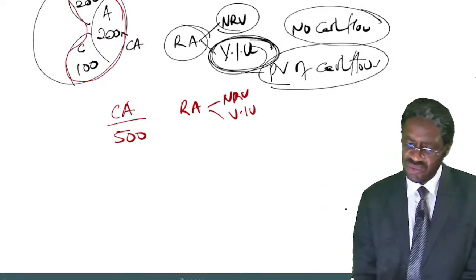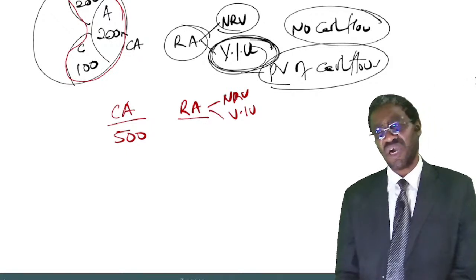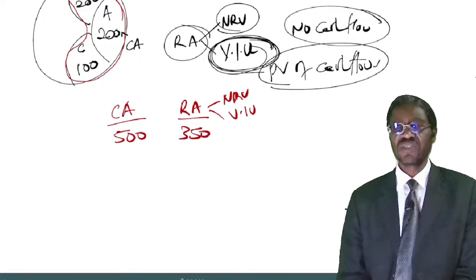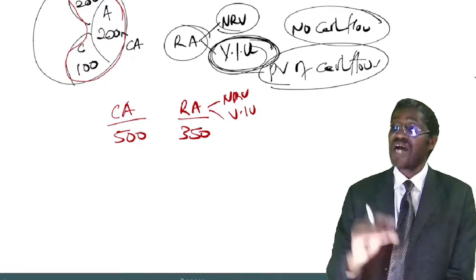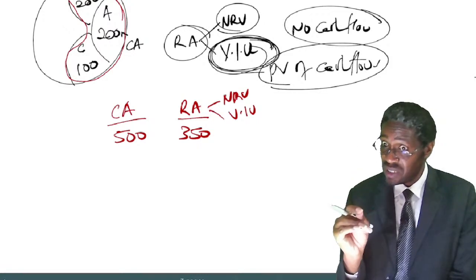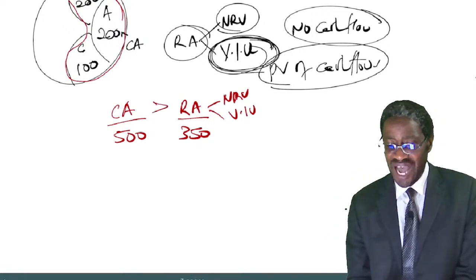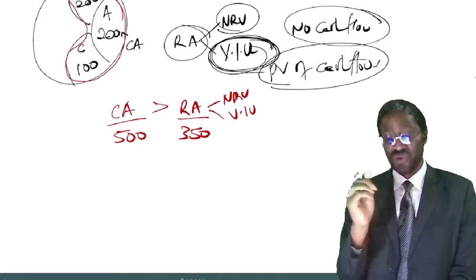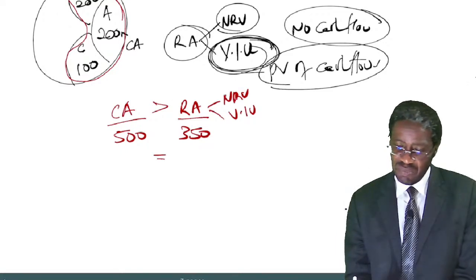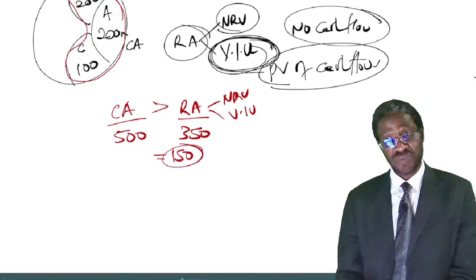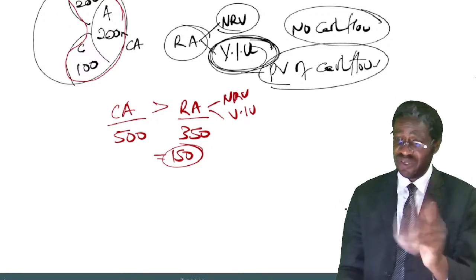Let me assume that you computed the recoverable amount and you got 350. Then you ask yourself, has the unit suffered? The answer is yes. The carrying amount is higher than its recoverable amount. So the unit has suffered an impairment loss of how much? 150,000 or million, whichever the amount.